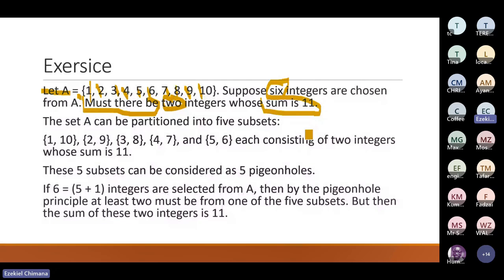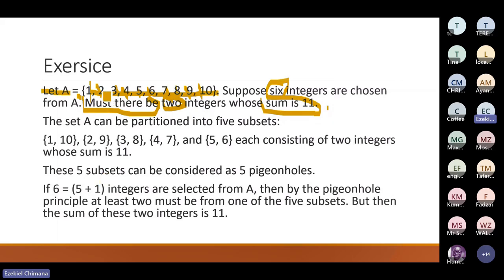For you to be sure of this, you have to place all these numbers into smaller sets whose total sum is 11.